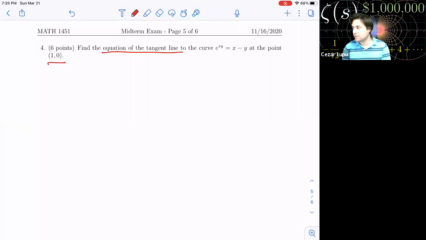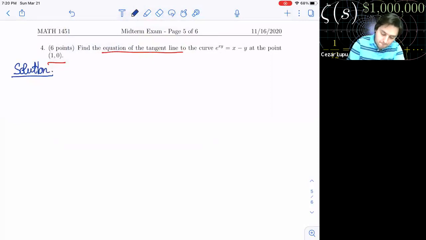So let's see. First of all, what do we need to know? What is the equation of the tangent line at a point? Do you remember that? Let me remind you.